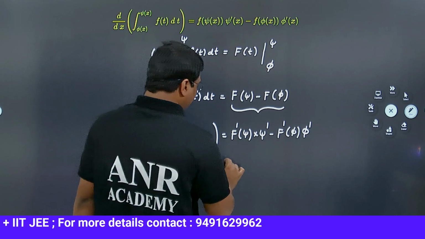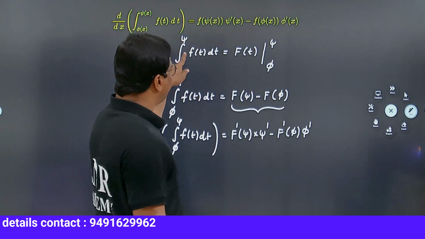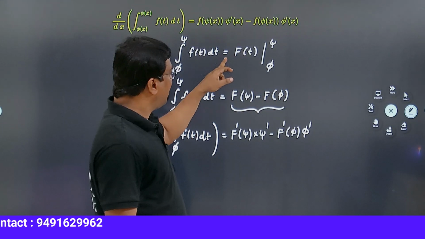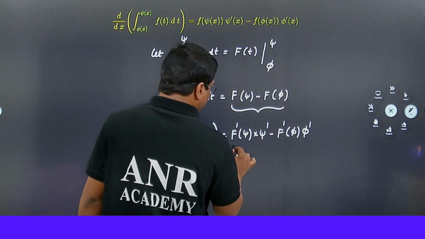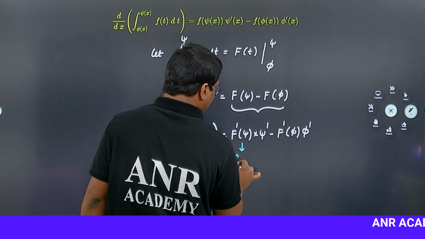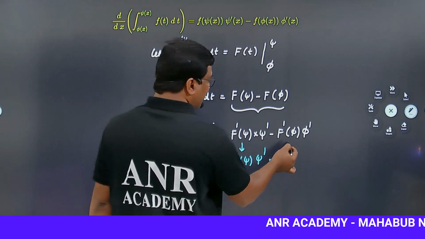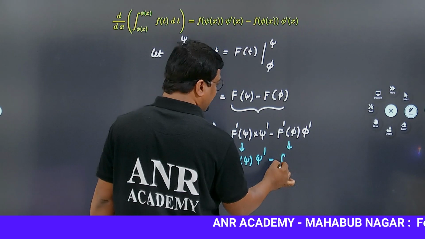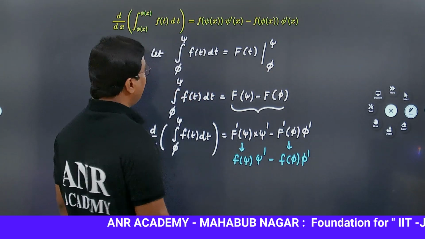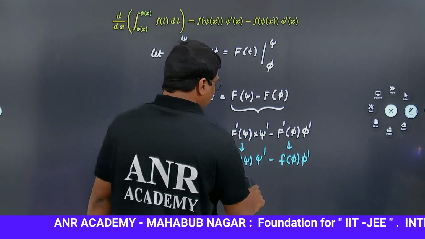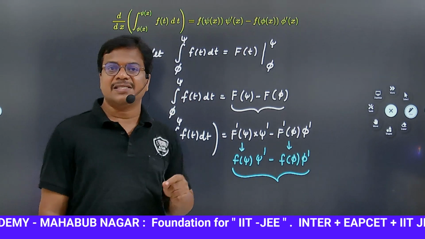Clearly, you know that the integration of small f is capital F and the derivative of capital F becomes small f. So it can be rewritten as small f of psi multiplied by psi dash minus small f of phi multiplied by phi dash, and hence this is the RHS. This is the first Leibniz rule when the function has a single variable.